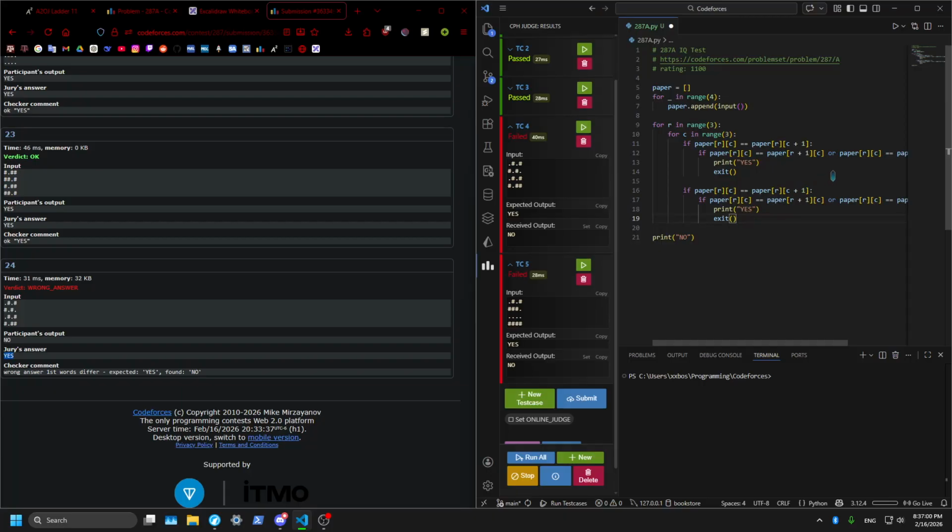RC, we don't need this again, we just have this part. Row minus 1.